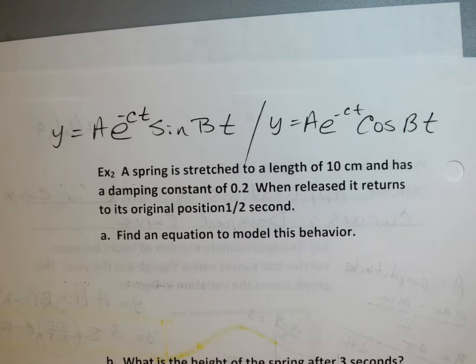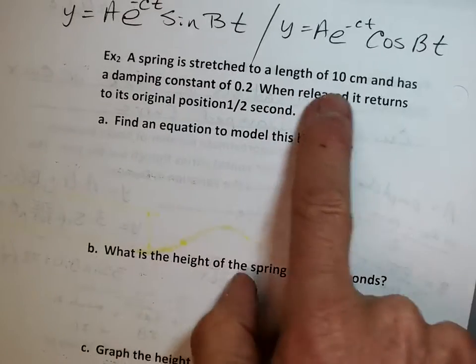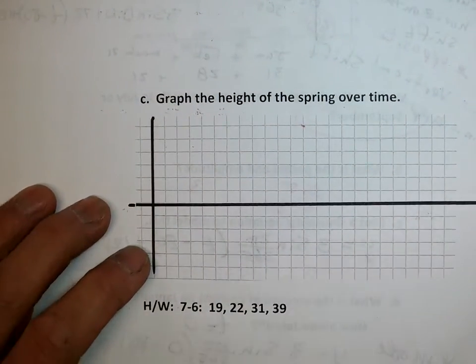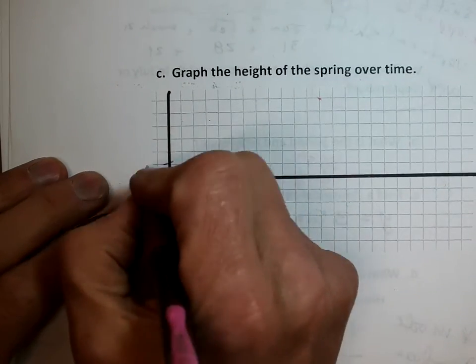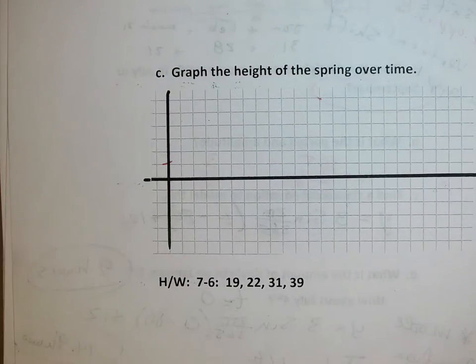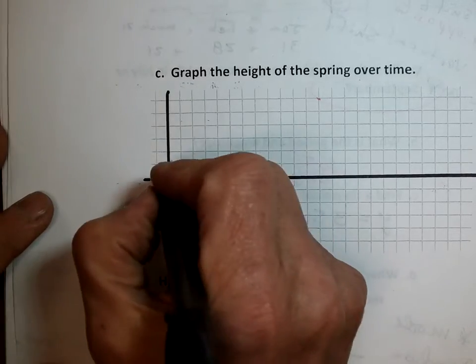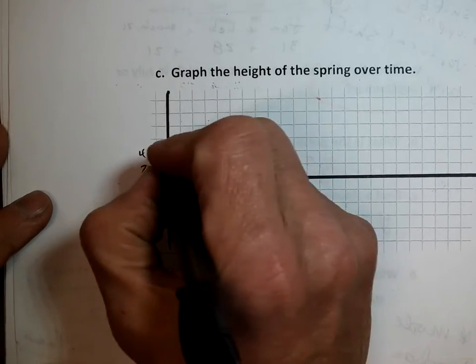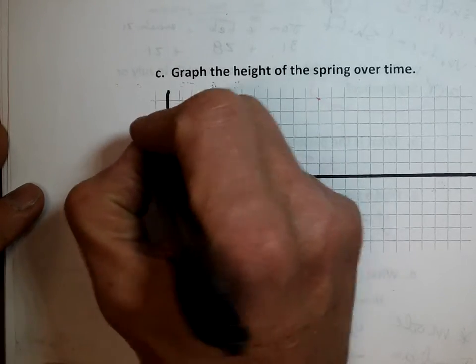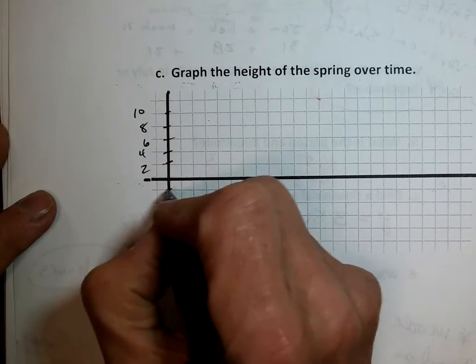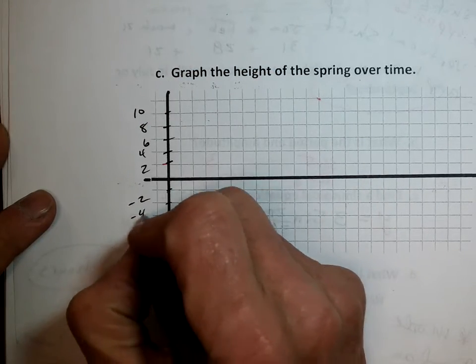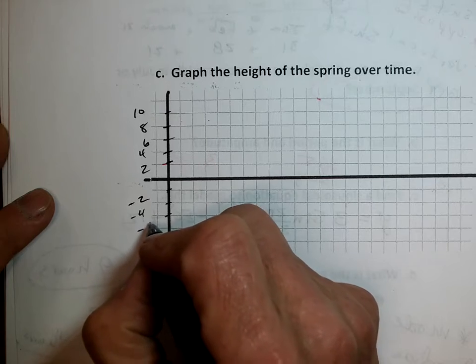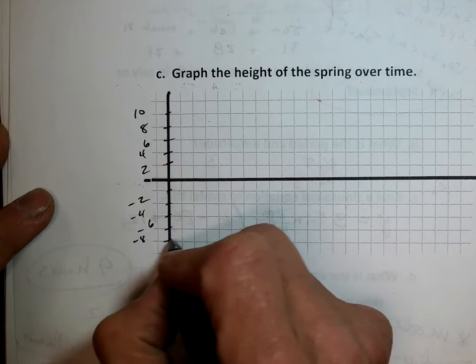Okay, so let's take a look at number one. You have a spring stretched to a length of 10 centimeters, so it's brought up to 10. So let's go straight to our graph right off the bat. Let's go 2, 4, 6, 8, 10, and negative 2, negative 4, negative 6, negative 8, negative 10.